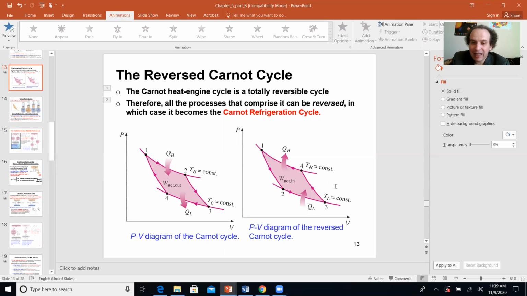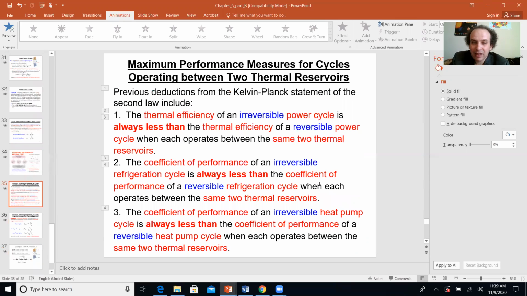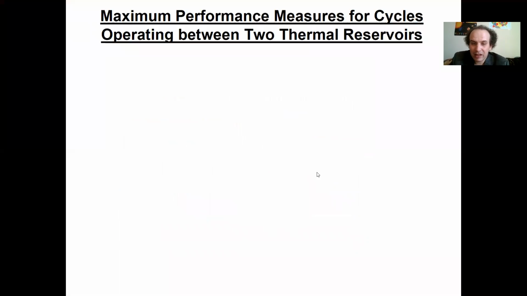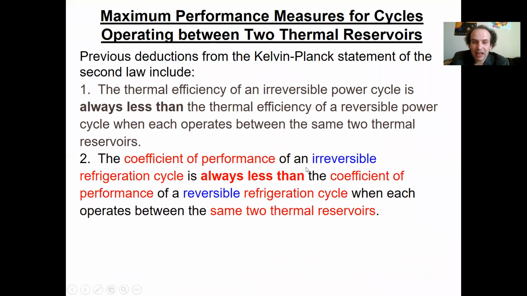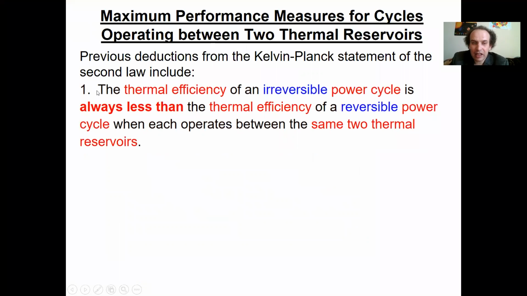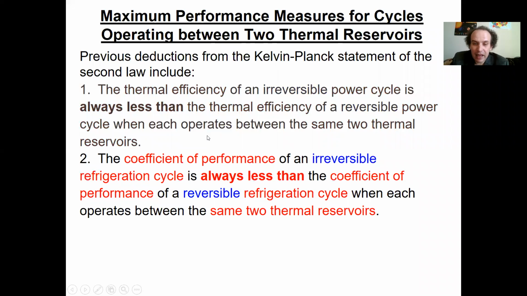Do you believe me that I can state the same Carnot principles for heat pump and refrigeration cycles? That the coefficient of performance of an irreversible refrigeration cycle is always less than the coefficient of performance of a reversible refrigeration cycle?